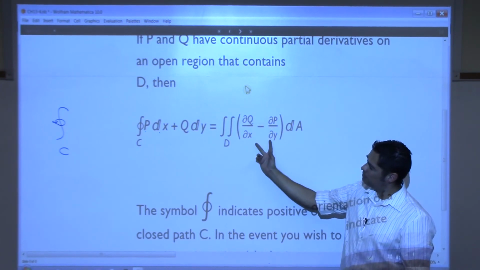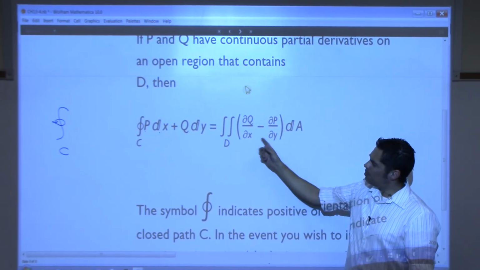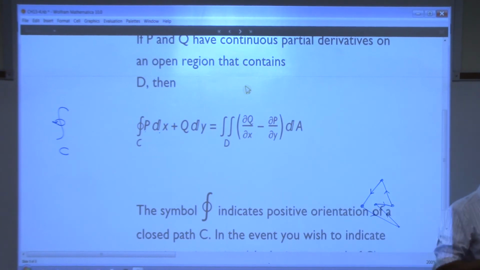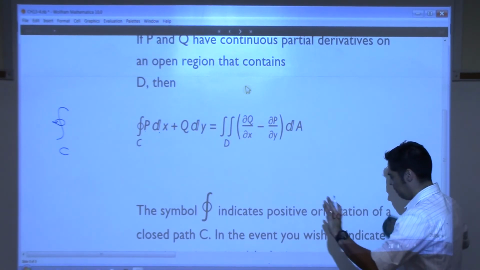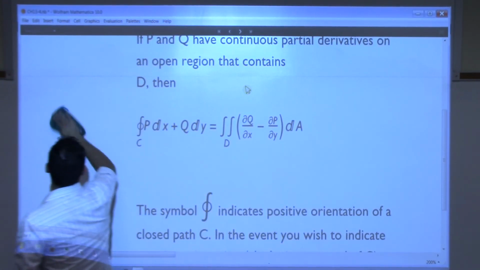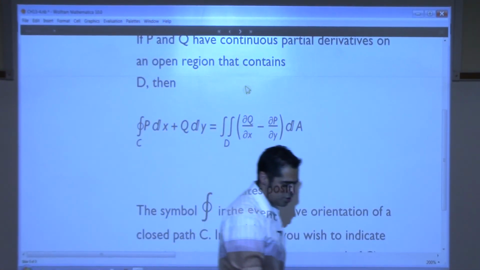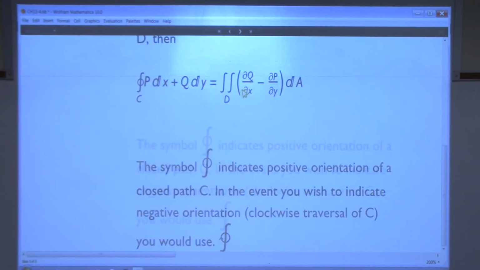Those look familiar? Aren't those the two things that you checked to see if things were conservative? You would see if those were equal to each other. Yes, they were flipped, but aren't those the two partials? Okay. All right, just wanted to point that out. I think the best way to appreciate Green's theorem is to see a problem in action, okay?